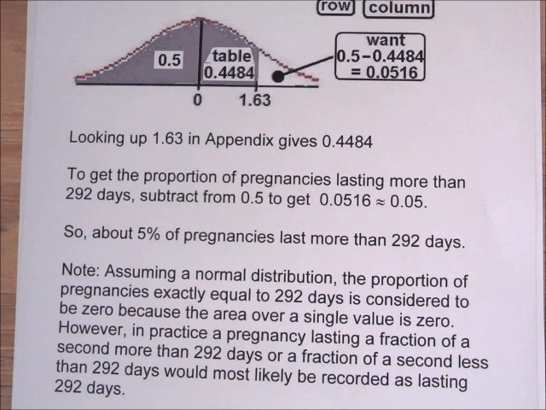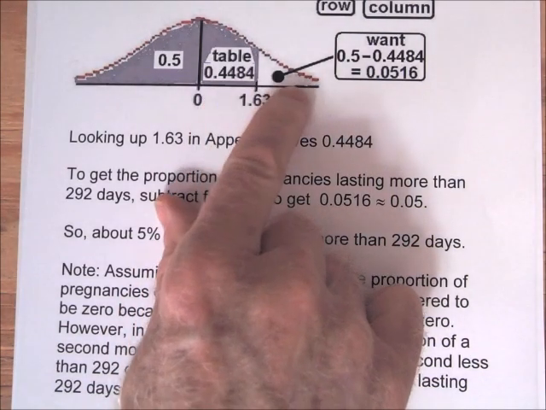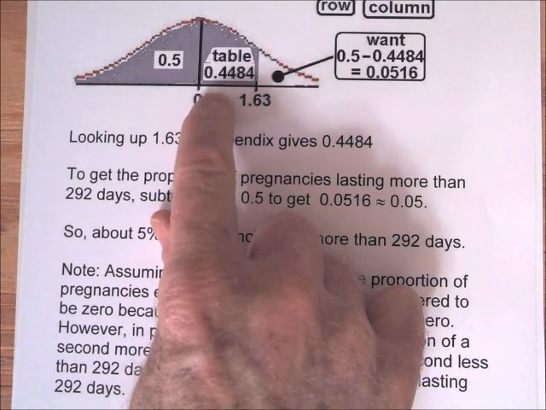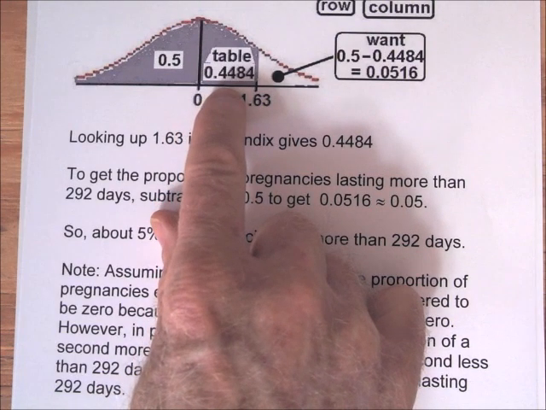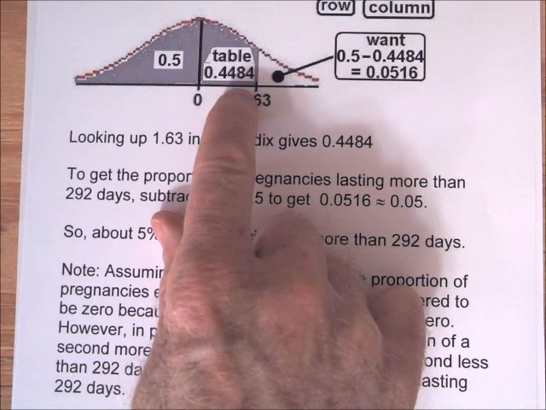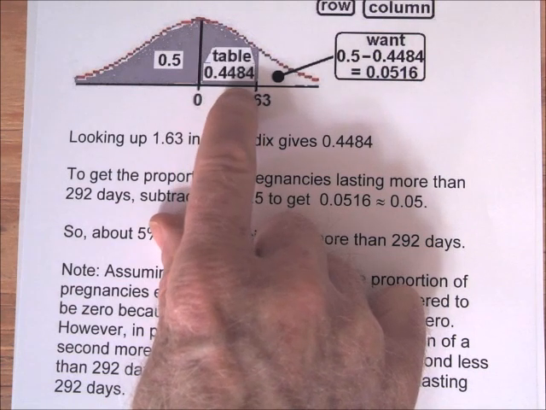Just a note here: for a normal random variable, and for any continuous random variable, the proportion of scores that are exactly equal to a particular number is considered to be 0, because there's an infinite number of numbers. Between, you could have 1.62999 and 1.6299999, and so on.